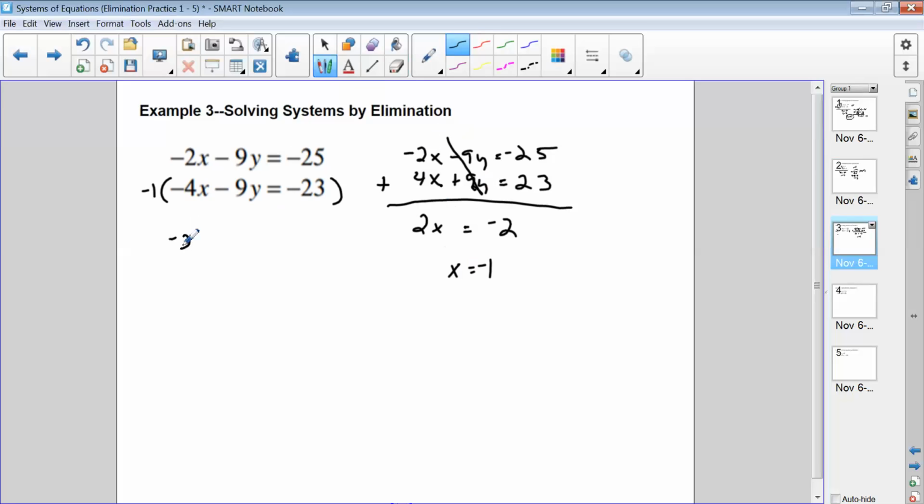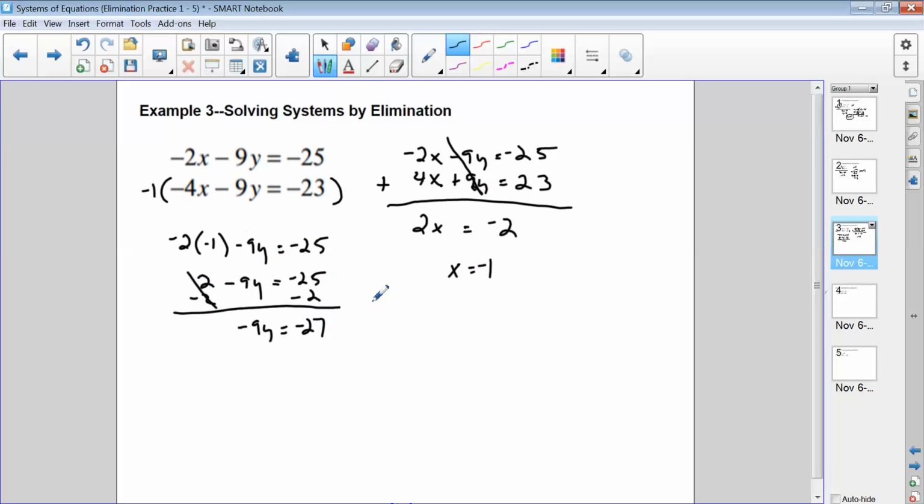So if I substitute back into the first equation, this will be 2 minus 9y equals negative 25. And if I subtract 2, I get negative 9y is equal to negative 27. And that would be dividing both sides by negative 9. So that would be y is equal to 3. So negative 1, 3 would be the solution to the system.